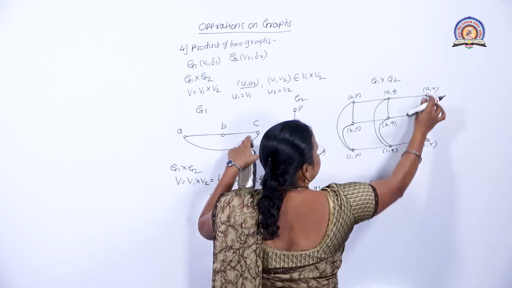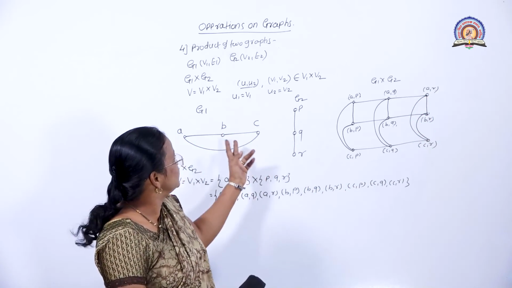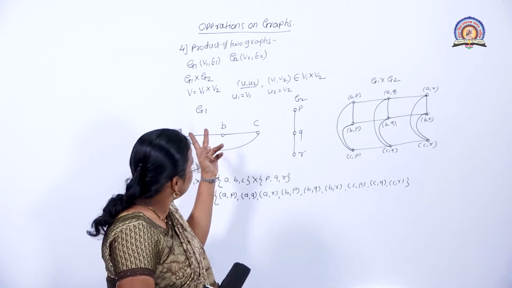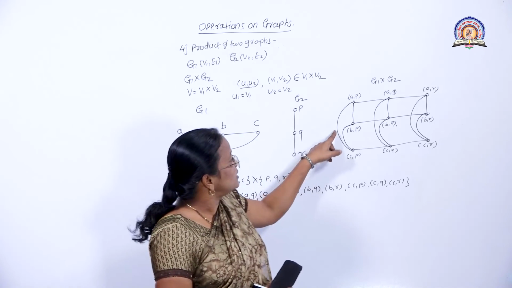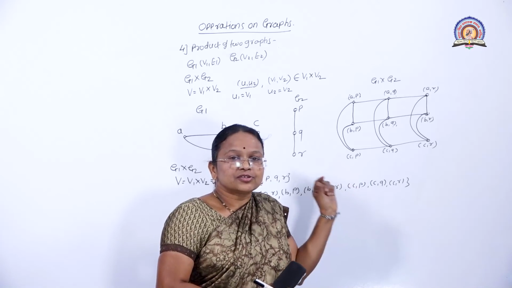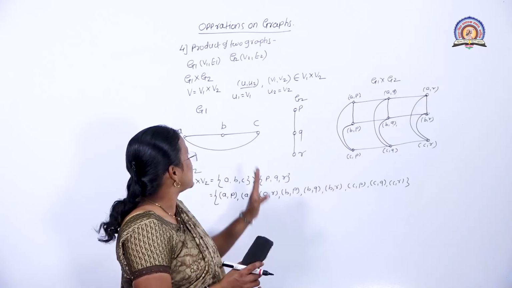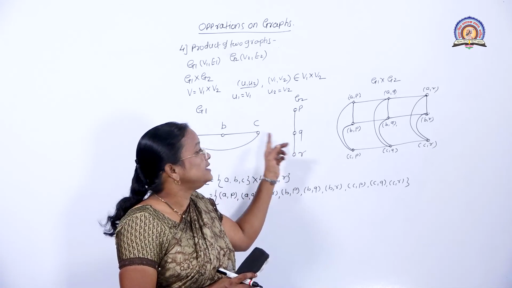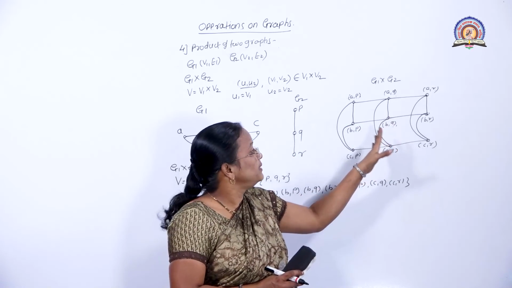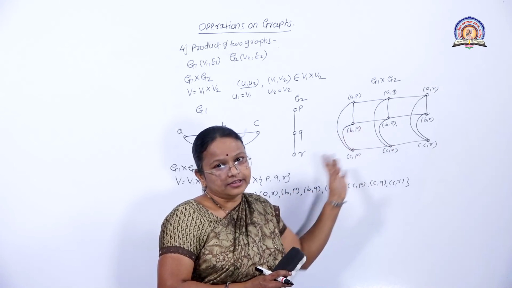R is fixed, A and C are adjacent, we can join them. So we add one edge, and due to the addition of one edge, there is an addition of 3 edges in this graph. So when we consider the product of graphs, don't add edges arbitrarily in any graph, because it makes a very big effect on these edges. So be careful about that.